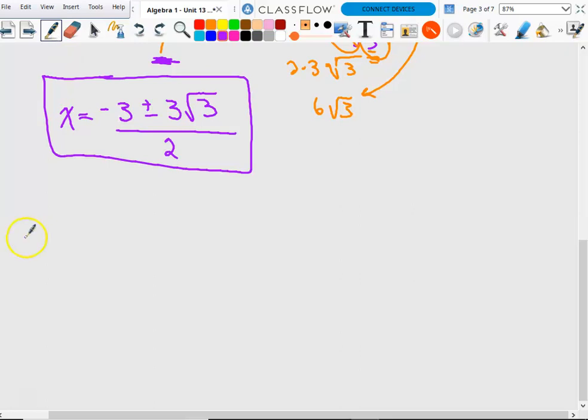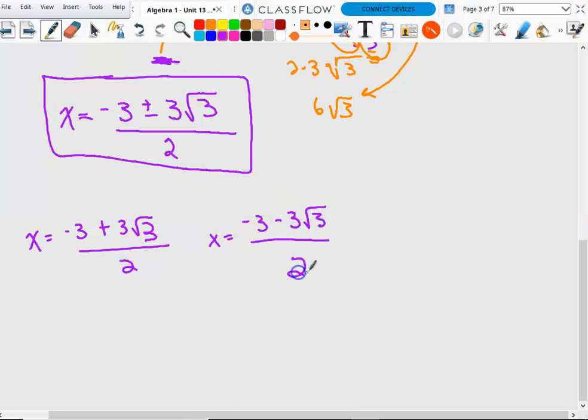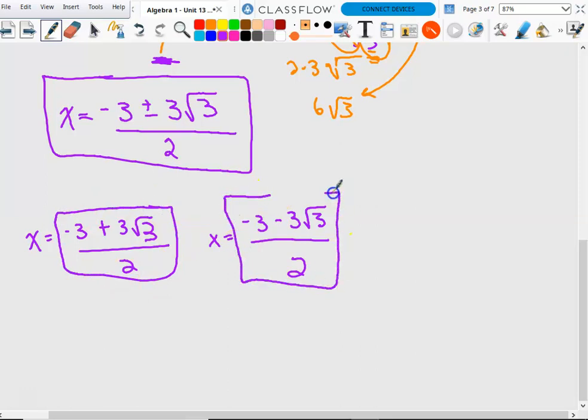Now, I say solutions because technically this is negative 3 plus 3 root 3 over 2, and negative 3 minus 3 root 3 over 2. So technically there are two separate answers here. If I were to throw that into my calculator, I'd get some weird decimal.